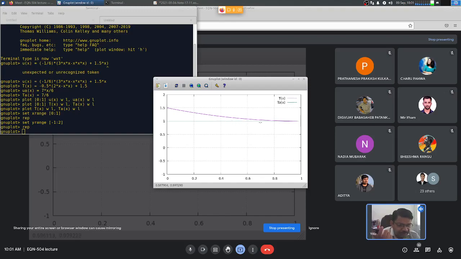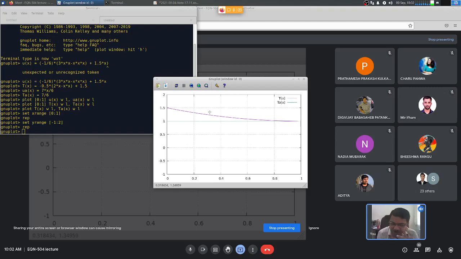So in element number one it will be at this level, and in another element it might be at this level. So progressively you get better and better approximation as the element size reduces.